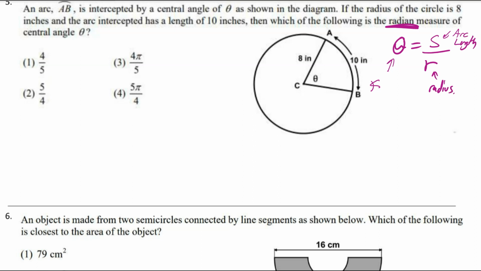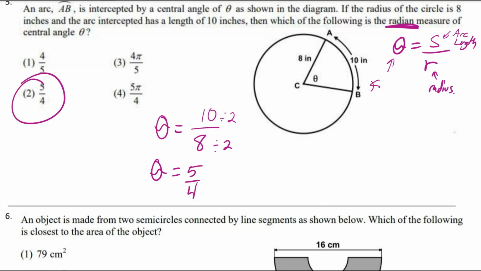So it's just a matter of knowing what this formula is. The central angle is equal to my arc length, 10, divided by the radius. Or, if I simplify and divide both of those by 2, 5/4 would also be an acceptable central angle.